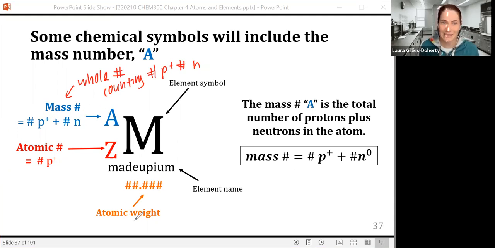The atomic weight, we're going to calculate that. And because it's going to be calculated based on averaging the weights of different isotopes of the same element, it's going to be a number that has some decimals after it most of the time. So that's how I would keep them kind of clear. Mass number, just counting the number of protons and neutrons, versus atomic weight, this is calculated. So it's not usually a whole number.